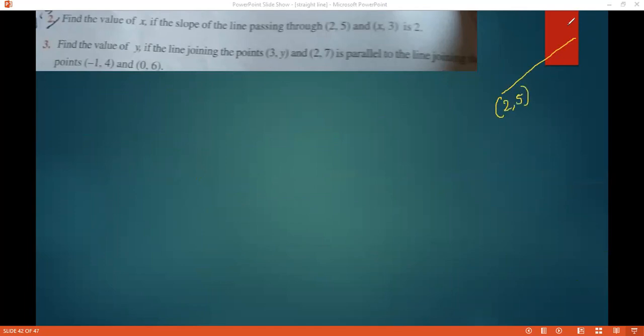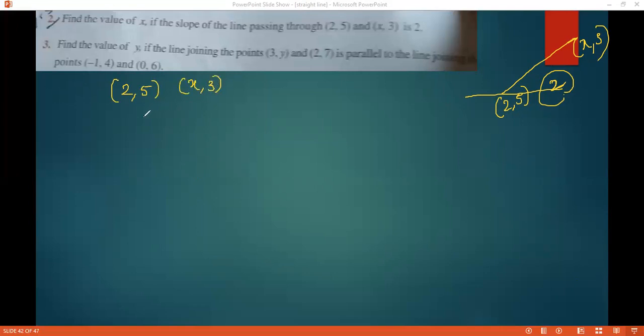So this line passes through these two points and its slope is 2, that is, the line makes a slope of 2 with the x-axis. How do we find the x value? Let us take (2, 5) as one point and (x, 3) as another point.